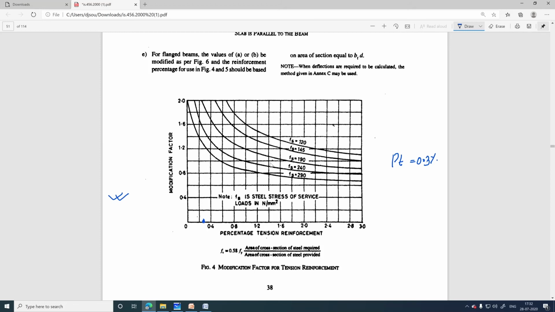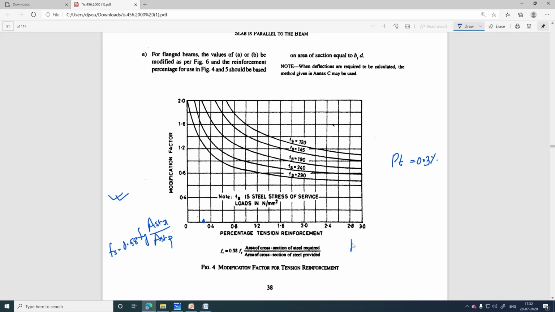So now we need to consider the Fs value. Which curve we need to consider, right? To determine that, we know the formula Fs equals 0.58 Fy times AST required by AST provided.